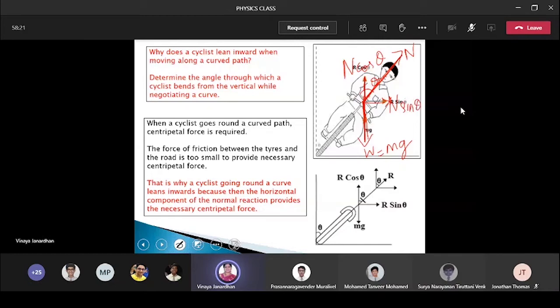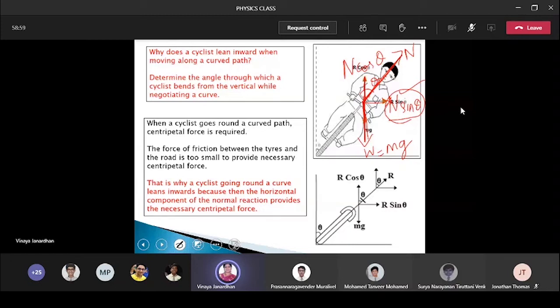N is split into two components: N cos theta acting vertically upward, N sin theta acting horizontally. And this N sin theta is acting towards the center of the circular track, and it provides the necessary centripetal force. If there is no centripetal force, nobody can move along a circular path.